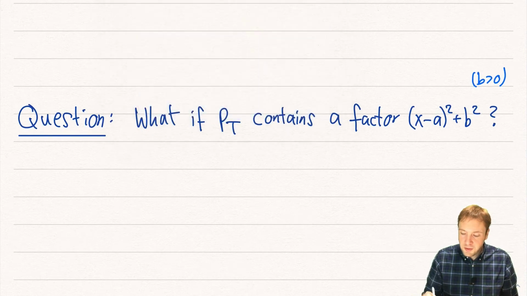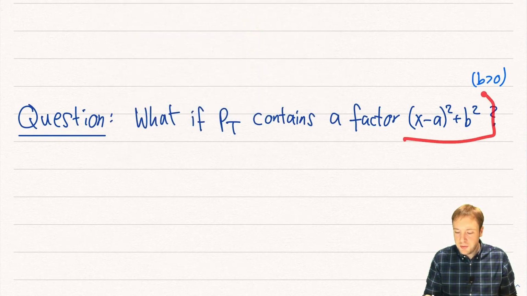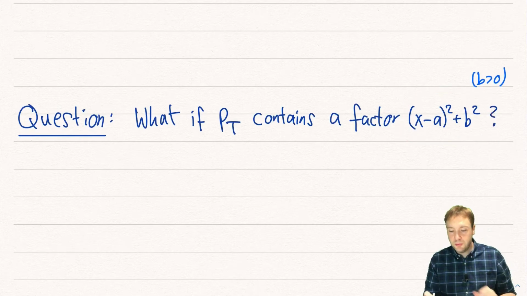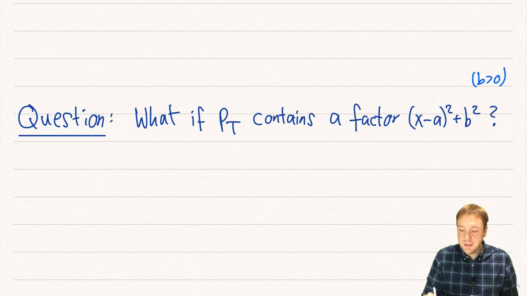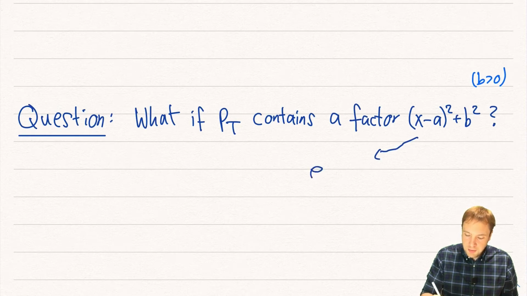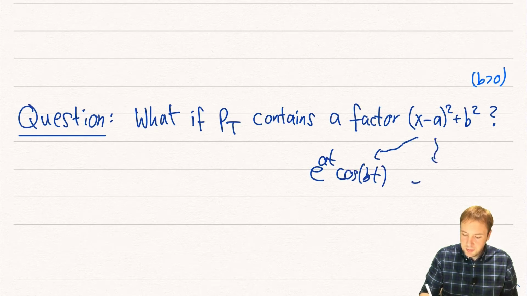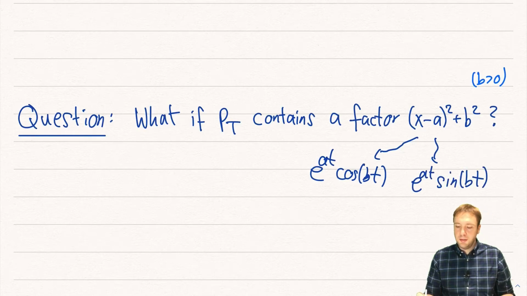But what we will see now is this has degree 2, but this will also give us 2 linearly independent functions. So one will be e to the at cosine of bt, and the other one will be e to the at sine of bt.